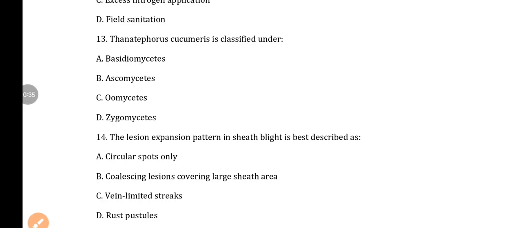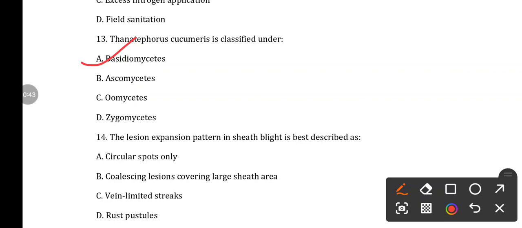Next, question number 13. Thanatophorus cucumeris, we have already discussed, was classified under the Basidiomycetes fungi. Option A is correct. Then question number 14. The lesion expansion pattern of seed blight is best described as option A, circular spots only.